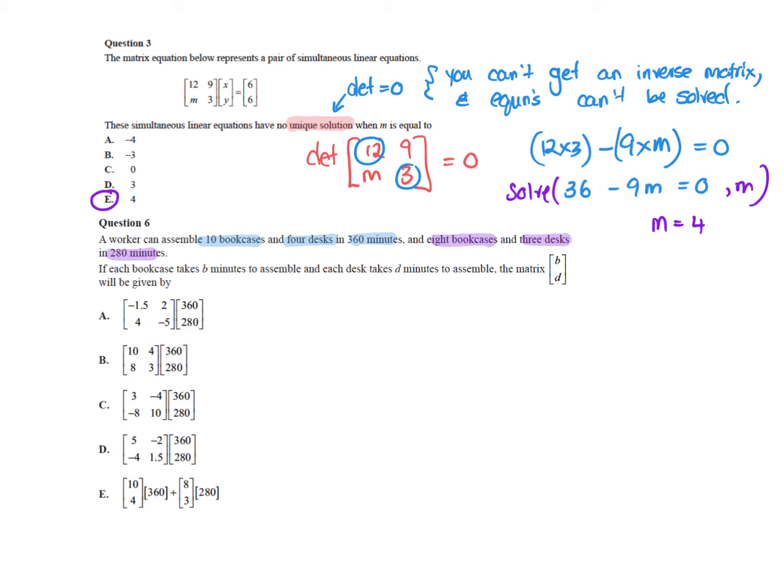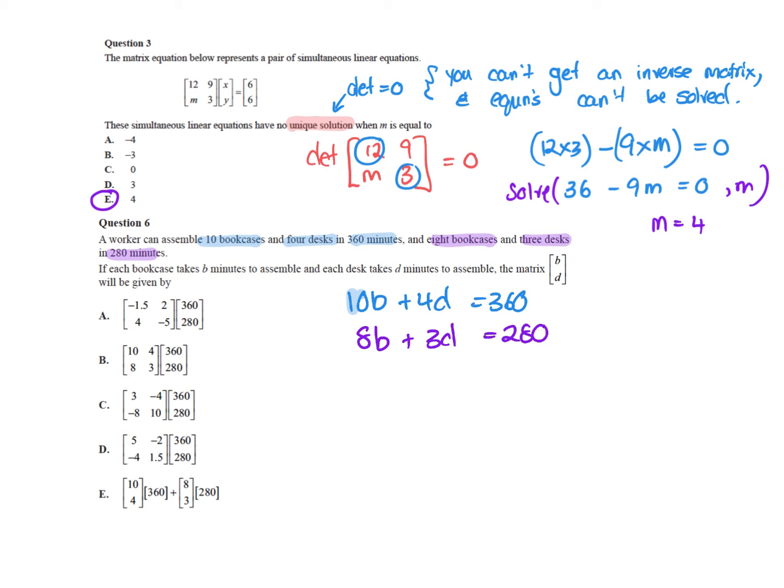If each bookcase takes B minutes to assemble and each desk D minutes to assemble, the matrix BD will be given by... So if you look, we could set this up as simultaneous equations. I could say 10B plus 4D has to equal 360. That would be the first equation. The next one would be 8B plus 3D equals 280. So there's the simultaneous equations.